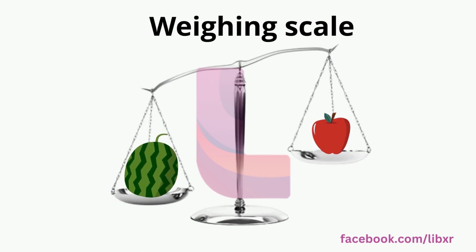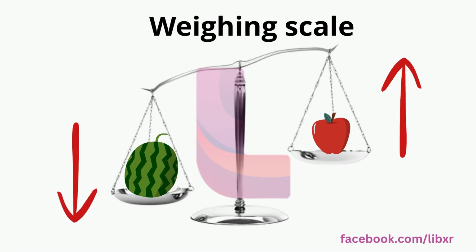Have you noticed that the pan carrying the apple is hanging higher than the pan carrying the watermelon? That is so because the apple is light and the watermelon is heavy.